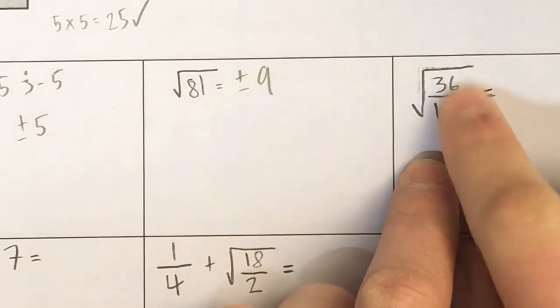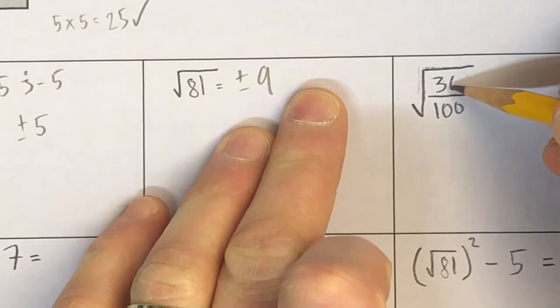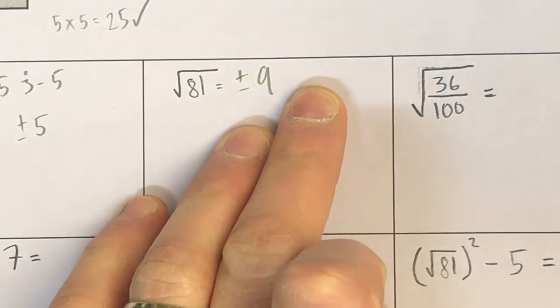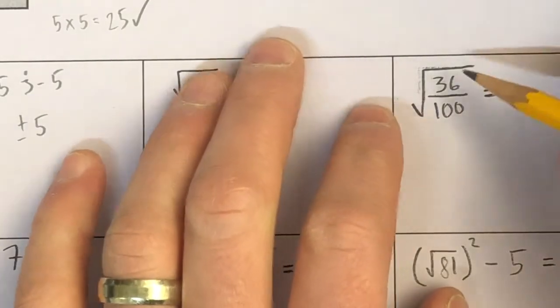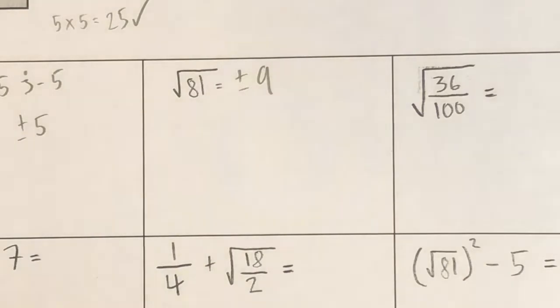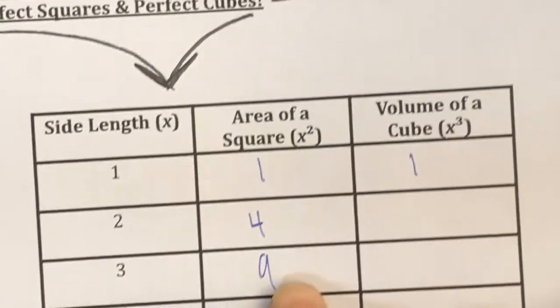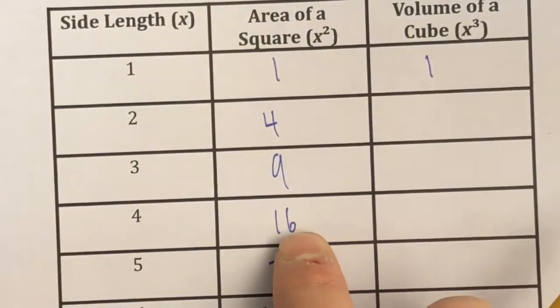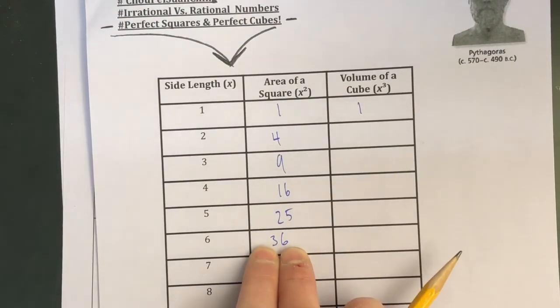And then over here, when you have a fraction, there's 2 different things you might want to do. The first is sometimes simplifying the fraction can give you a perfect square, okay? Or possibly the numerator and the denominator are already perfect squares. And if I look at my list of perfect squares, I have 36.